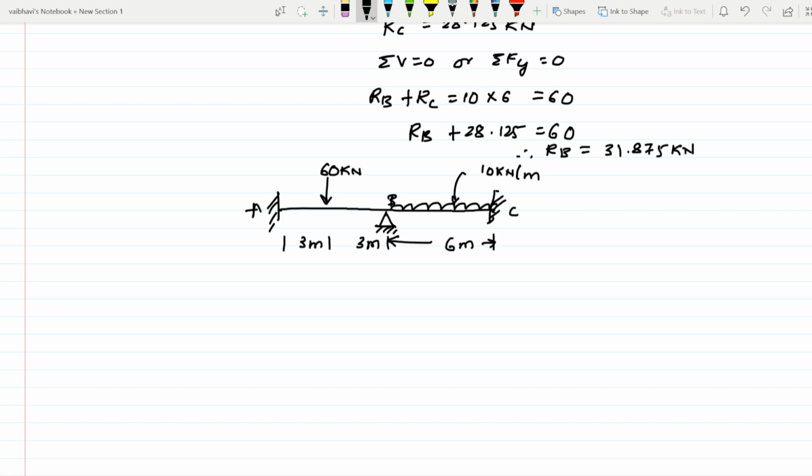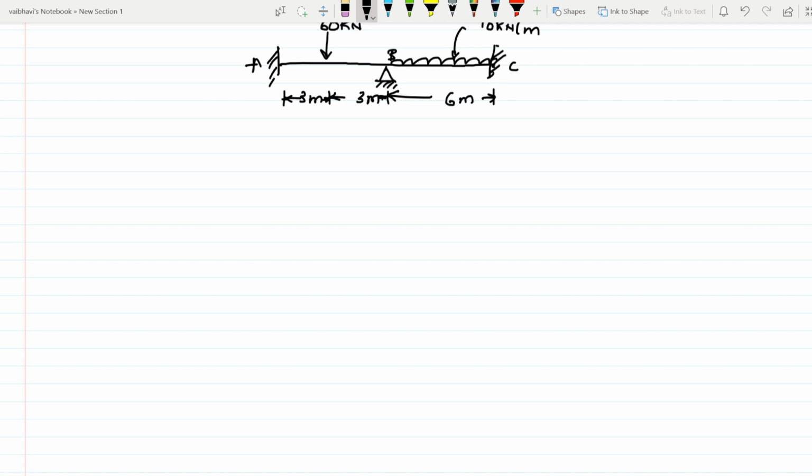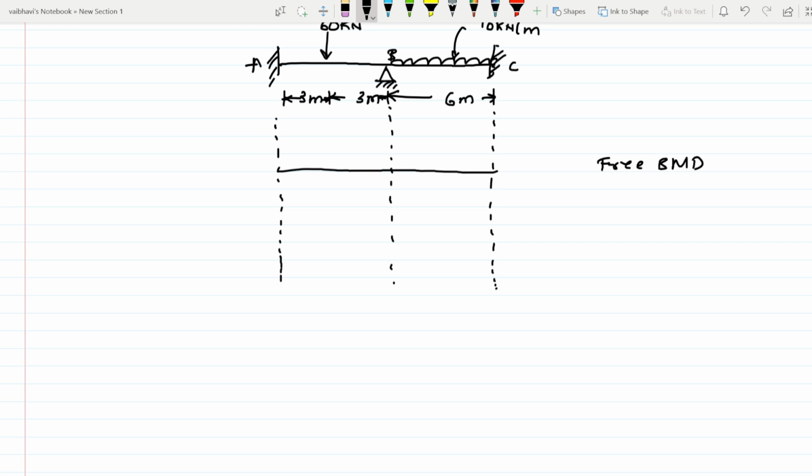Let us draw the free bending moment diagram and the shear force diagram for this. This is the free bending moment diagram.